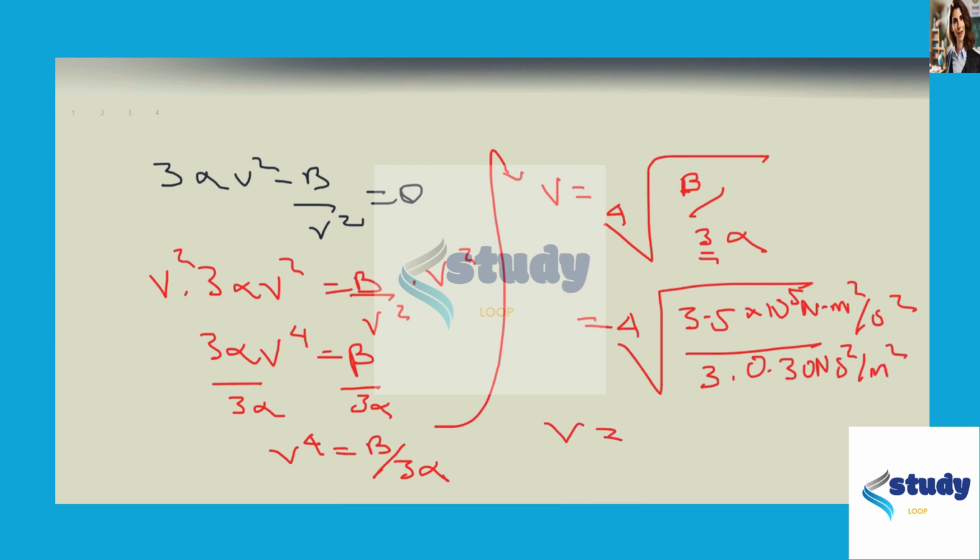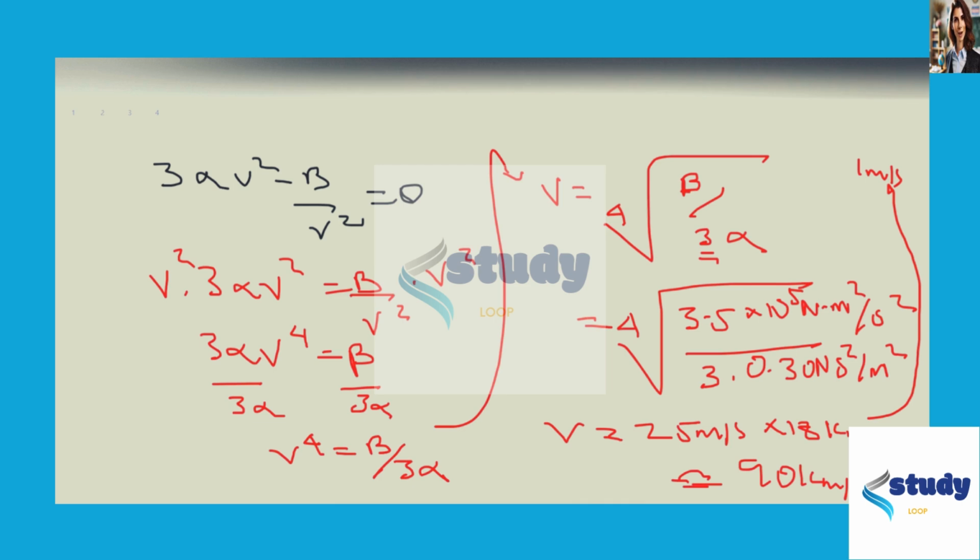So if you do the math for this problem, you're going to see that you end up getting approximately 25 meters per second. For this one, you can change that to kilometers per hour by multiplying by 18 over 5, because remember, this is equivalent to 1 meter per second. So you get approximately 90 kilometers per hour.